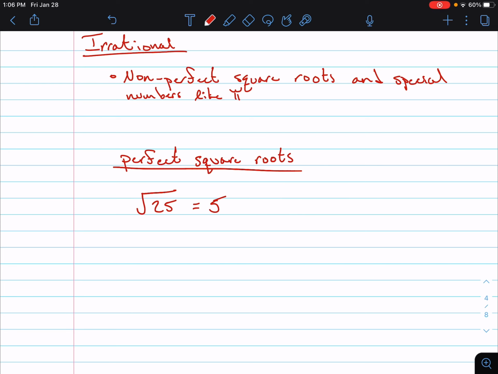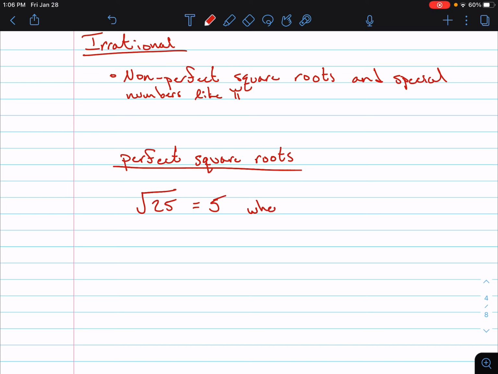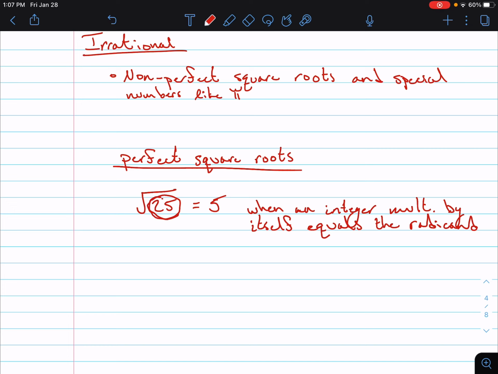So a perfect square root occurs when an integer multiplied by itself equals the radicand. And the radicand is this number here. It's the number that's underneath the square root sign.